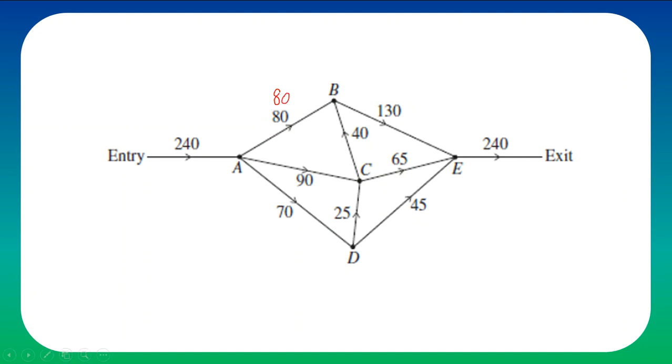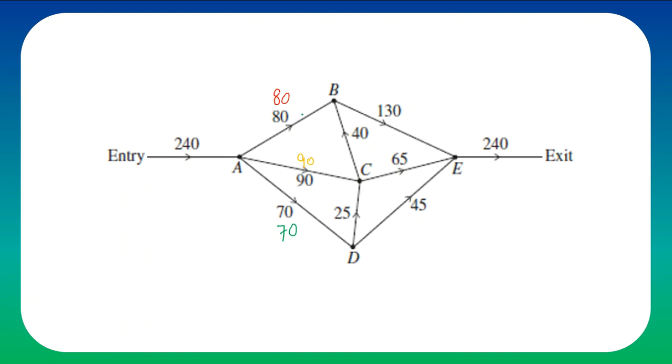Then on the second edge AC, let's use yellow color here. Let's say 90 people go through, and then the last one, all 70 people come through. Okay, so 70 plus 80 is 150, 150 plus 90 is 240. So all 240 people go through, for example.